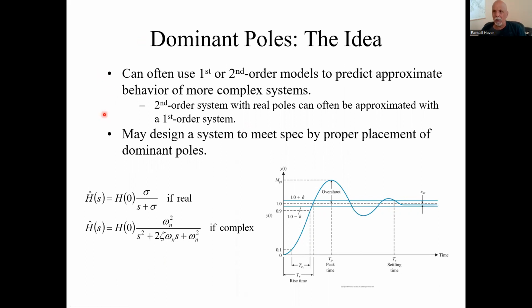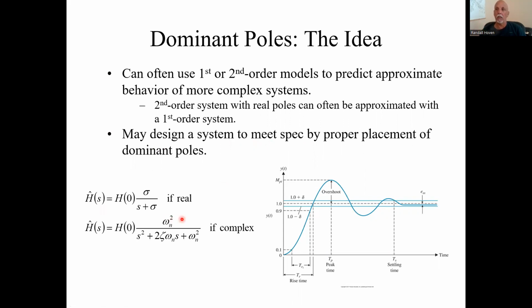You can either simplify your model of the system by modeling only using the dominant poles, or you could specify the behavior you want by where the dominant poles are, even though it's a more complicated system with more poles and more zeros. So we'll get into that and see how good it is.